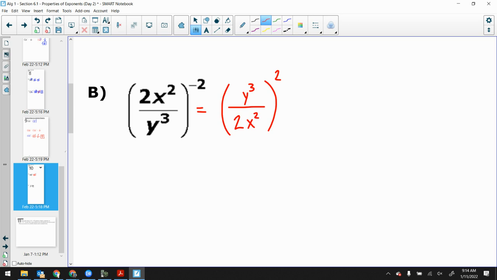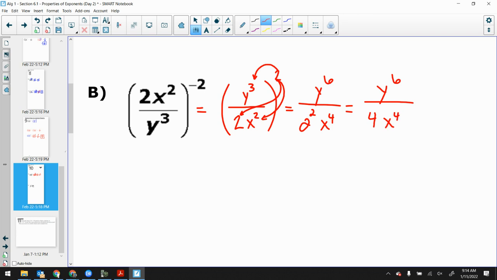And the 2 on the outside, flipping the fraction, turns the exponent positive. So now this becomes y to the sixth, 2 squared, x to the fourth. And then 2 squared is just 4. So y to the sixth over 4x to the fourth.